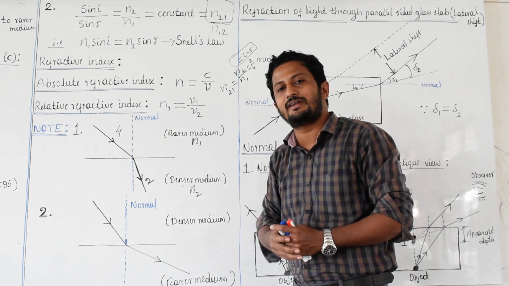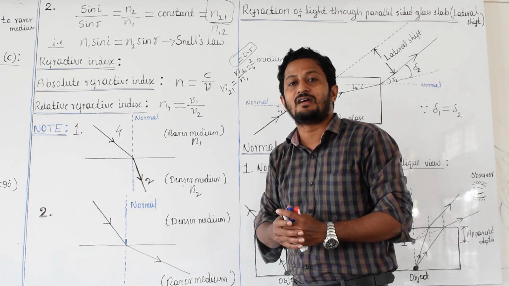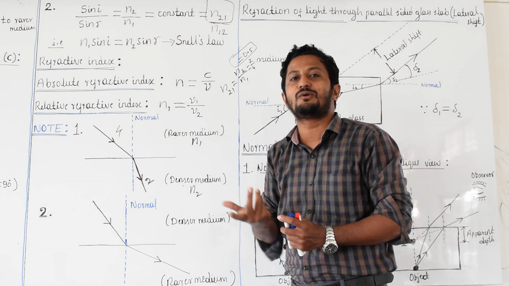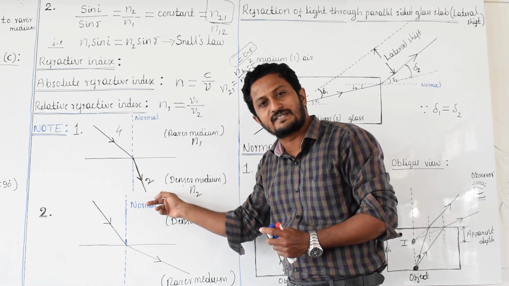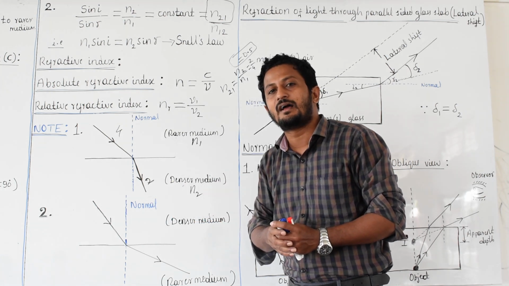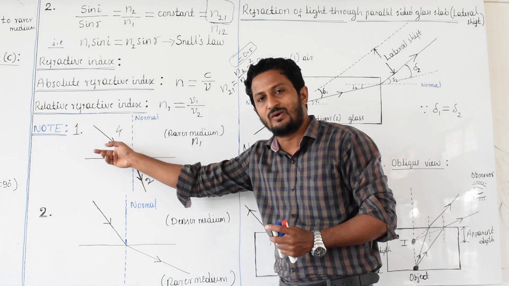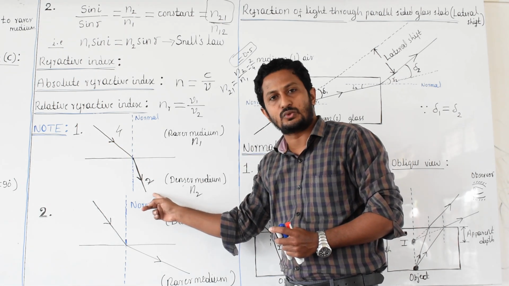How much? 0.5, which means half. Half the amount got decreased. It was 4 here. When it entered the second denser medium, its speed decreased by half. Was 4, halved means it should be 2. That's why it is 2 here.